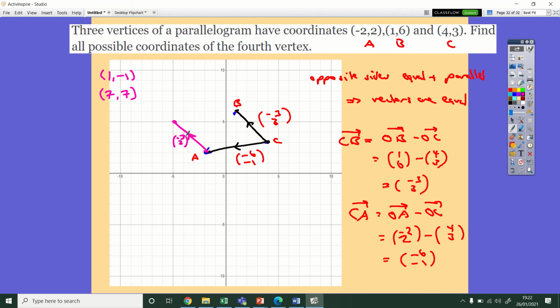So this point here is going to be OA plus CB, which is also the same as A to D, which is going to be (-2, 2) plus C to B, (-3, 3), which is going to be (-5, 5), which we've got on the grid as well. Right, so I believe those are the only 3 possibilities where this fourth point can go.